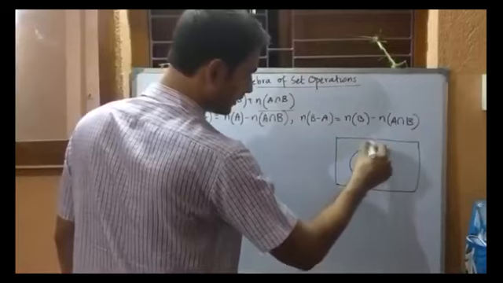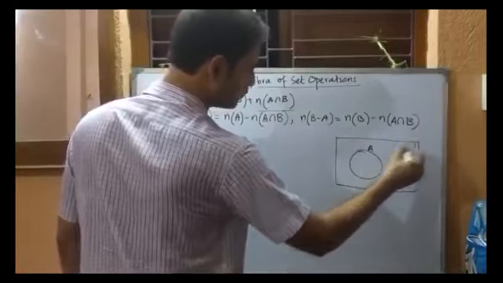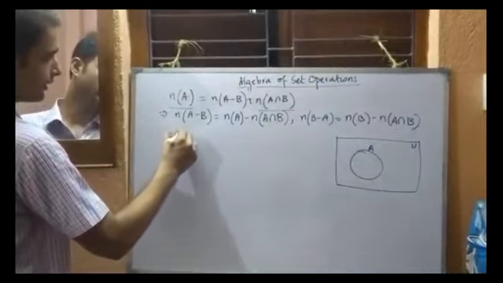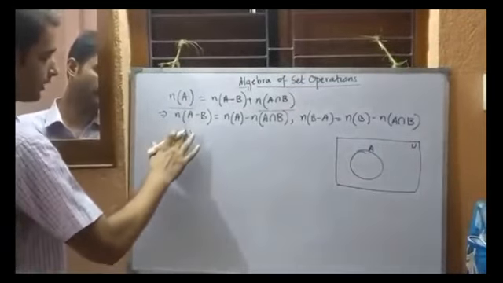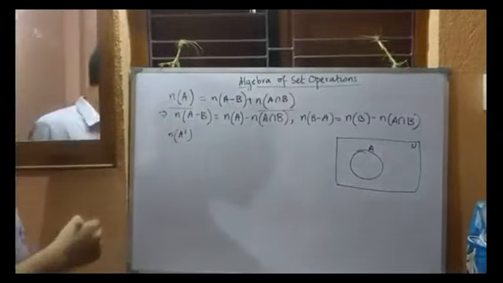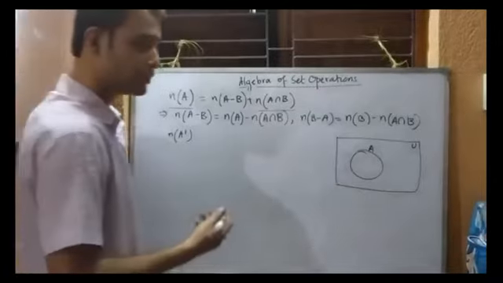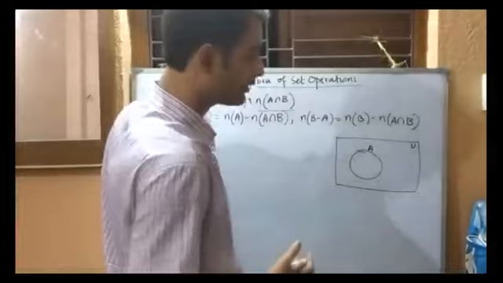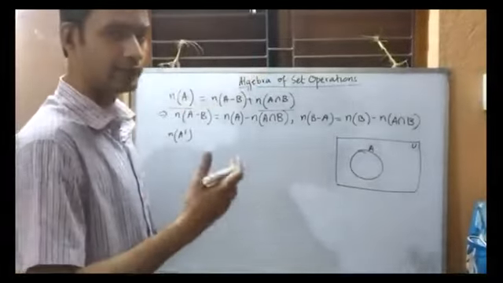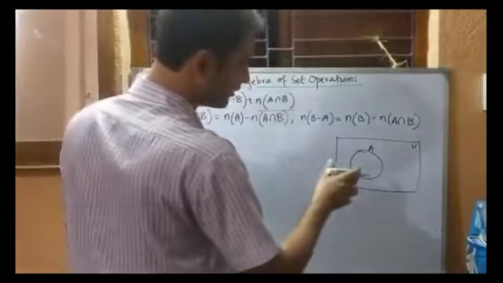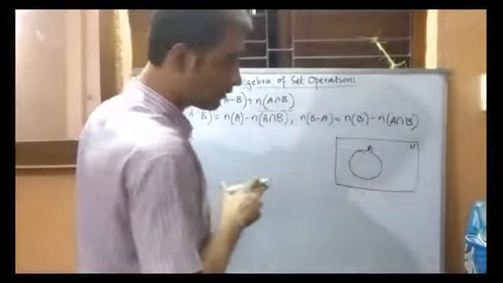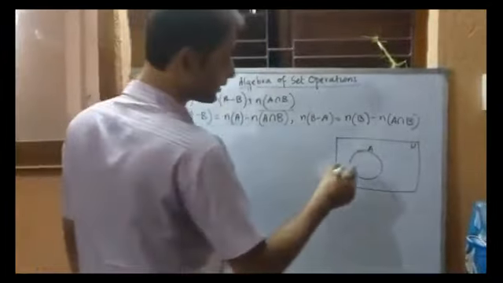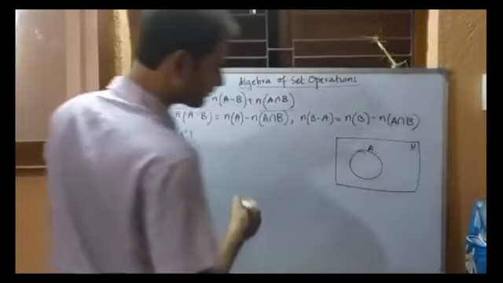So this is A, there is a universal set U. So we have to find the number of elements in A complement. So again we need two sets which are mutually exclusive, which are disjoint. Mutually exclusive is another name for disjoint. So which are two sets which are disjoint, and their union will be a given set.